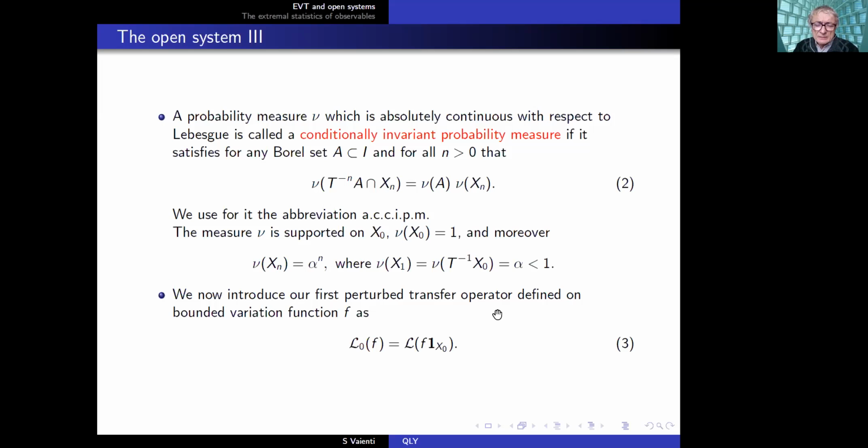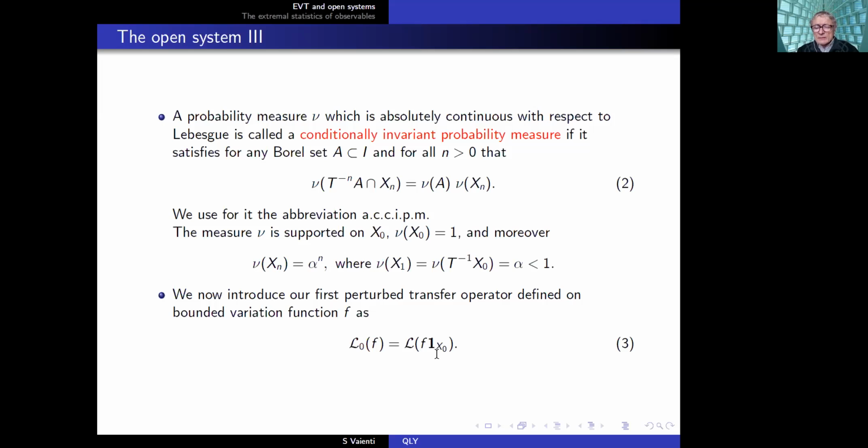Now, before defining the problem in terms of extreme value theory, I still need some technical facts and some technical definitions. I introduced before the transfer operator, the perturbation operator L. Now I have to introduce the first perturbation of this operator. There will be a second one later on. This first perturbation of the operator consists in applying the original operator to an observable f of bounded variation, provided it is multiplied by the characteristic function of the complement of the hole.